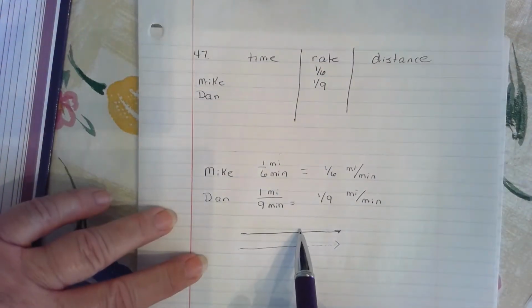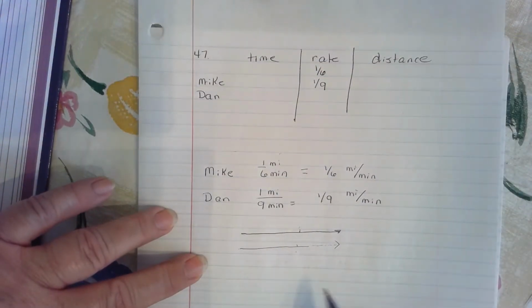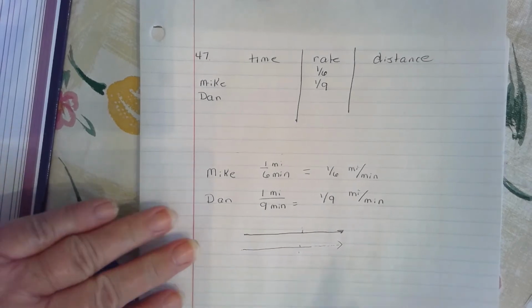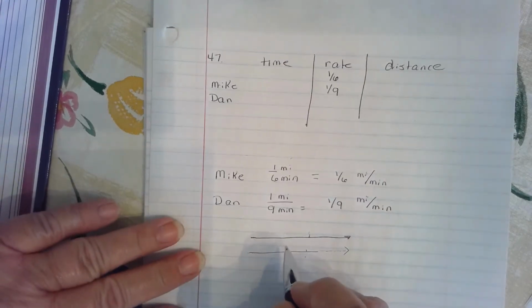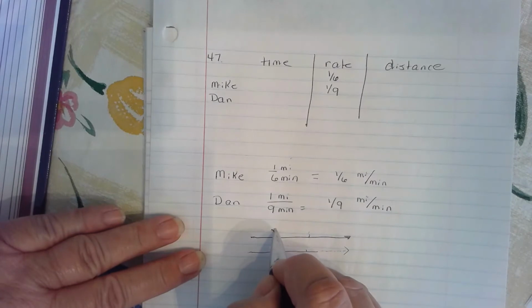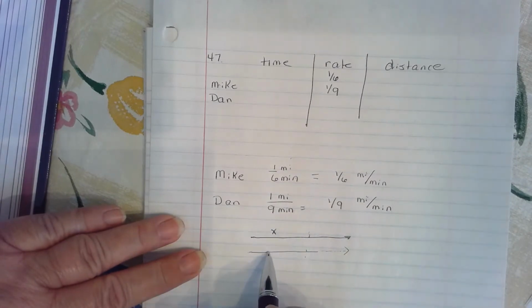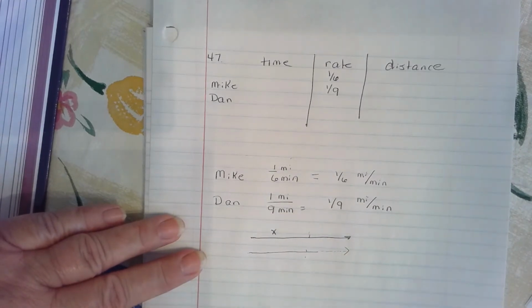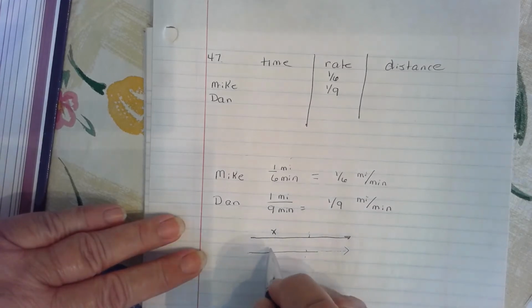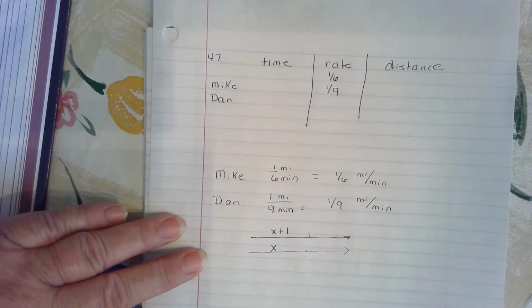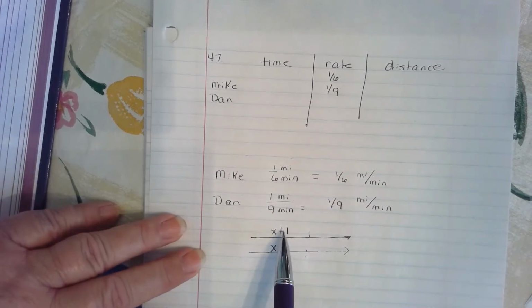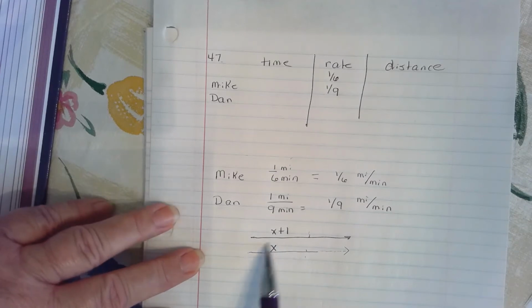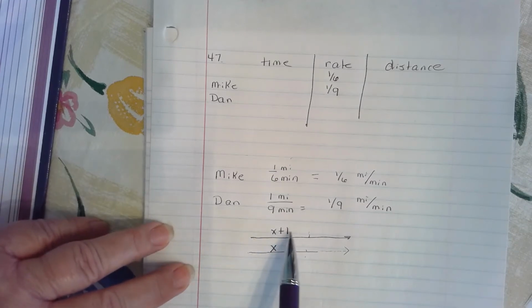Now, one of these has to be X and the other one has to be in relationship to that. You could do that Dan is X and Mike is X minus 1. That would work. Or you could do that Mike is X and Dan is X plus 1. The point is, Dan's time has to be 1 minute more than Mike's time because he got a minute head start.